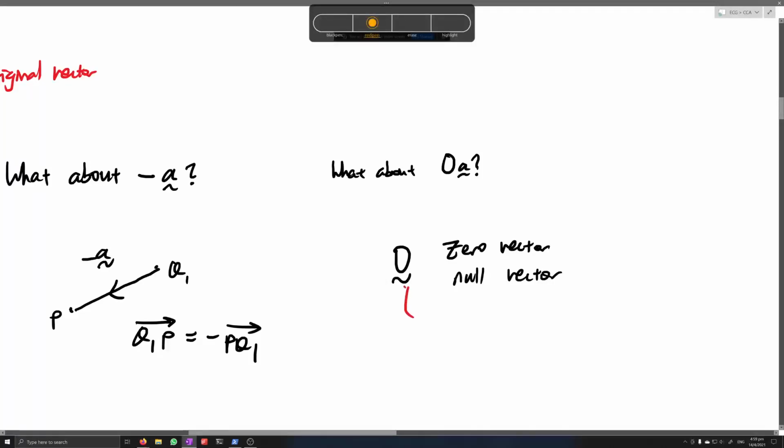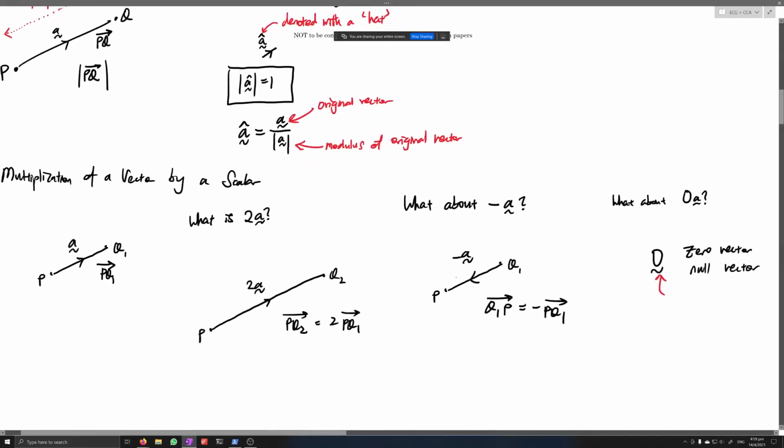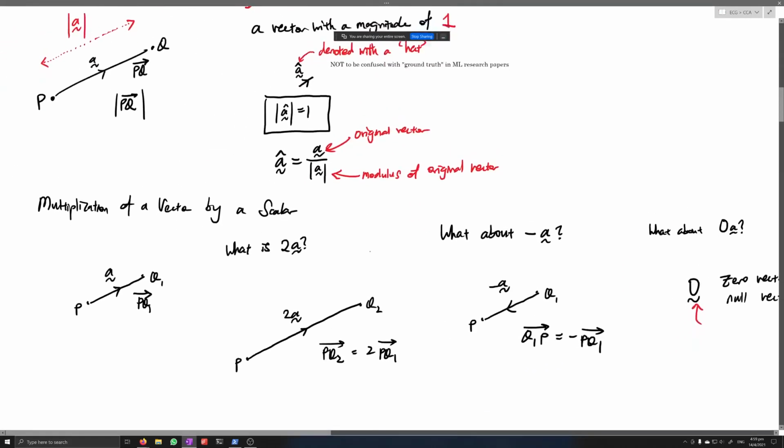And note that you must draw the tilde here. In math questions, they often like to troll you. Your answer may be a zero vector, and a lot of people forget to draw the tilde and the -1 mark. So these are multiplication operations on a vector using a scalar.